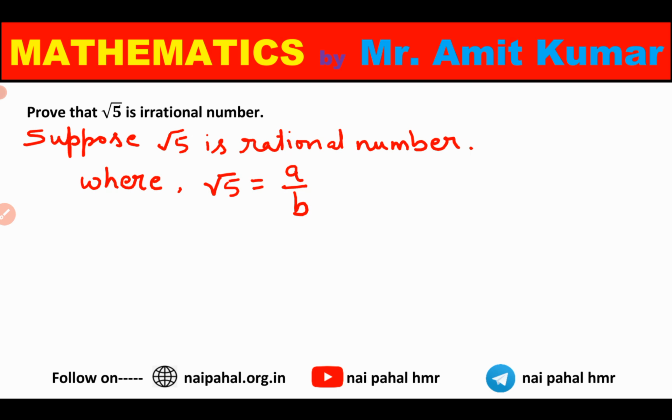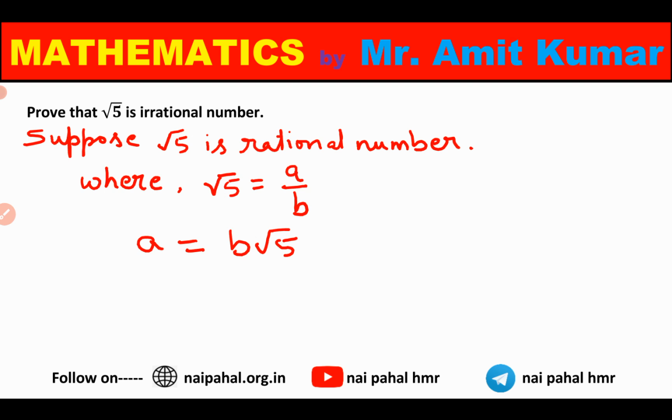Suppose the common factor of a and b is other than 1. So we can assume that these numbers are co-prime. By dividing by the common factor, we get that a is equal to b root 5.